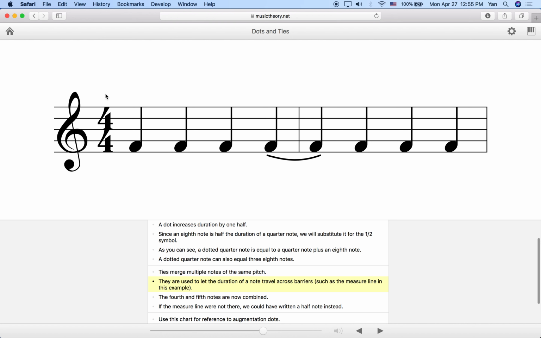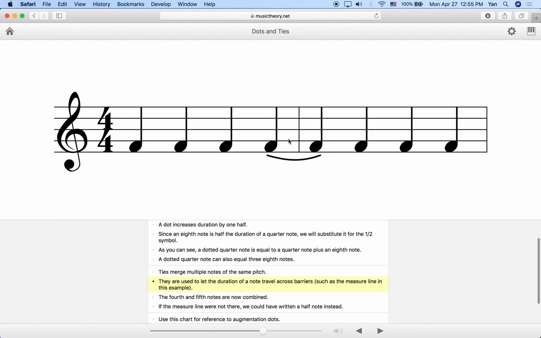So if you remember the rules of time signatures, we cannot put more time than the strict maximum of any time signature. For example, in a 4/4 time signature, we know that the 4 on the bottom means that the value is a quarter note, and the 4 on top means that we can have 4 quarter notes.